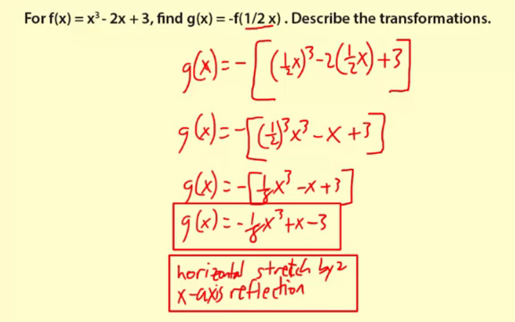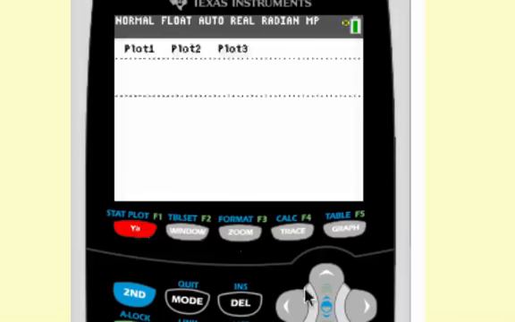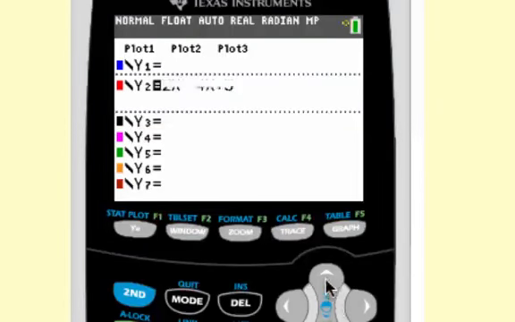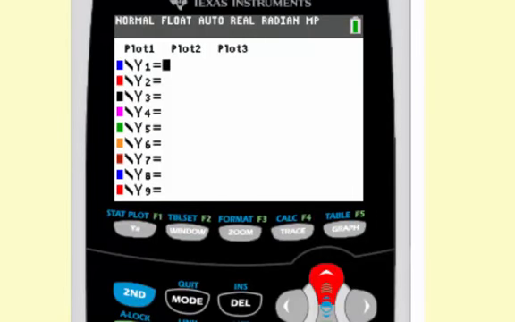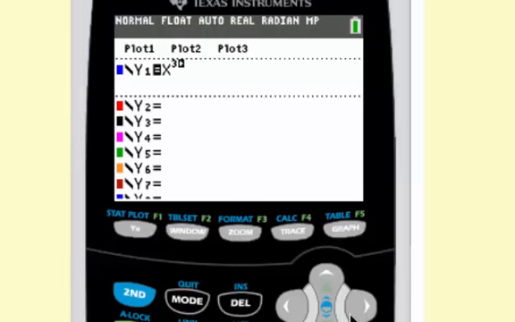Okay, let's get to the calculator and see if we can verify this. So, clear out the old functions. I'm going to have x to the third minus 2x plus 3.